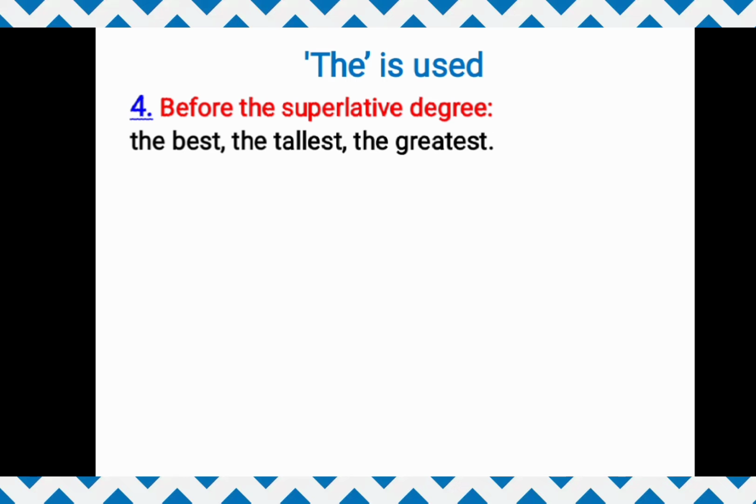The first degree is the positive, the second is comparative, and the third is superlative. "The" is used before the superlative degree, like the best, the tallest, the greatest. That is the fourth use of the definite article "the" in the construction of the superlative degree.